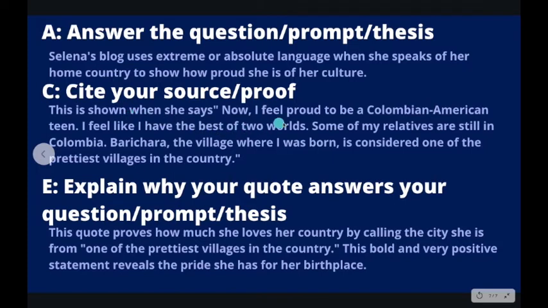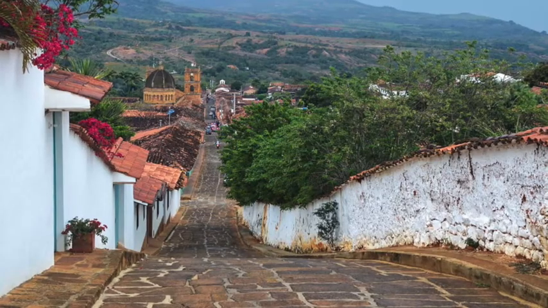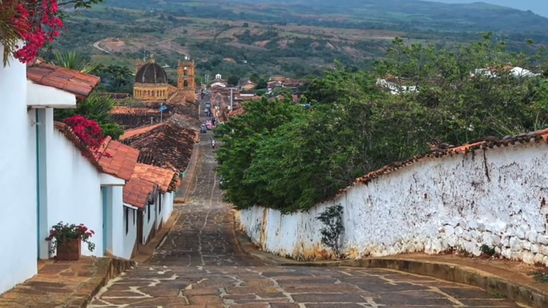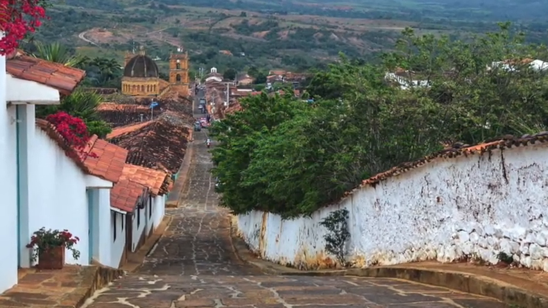Okay? Now, why did I pick this one? Does this show extreme or absolute language? Let's look at it. We have her talking about, I have the best of two worlds. She uses that word best. That's a very extreme word. She talks about Barichara, the village where she was born, and she says it's considered the prettiest villages in the country.